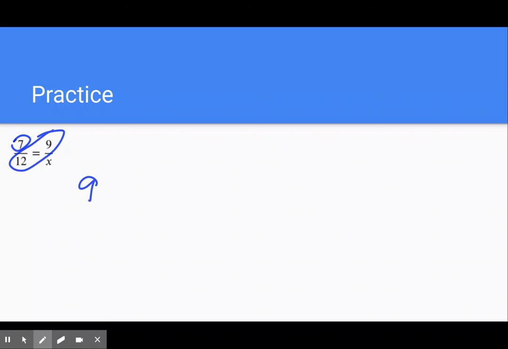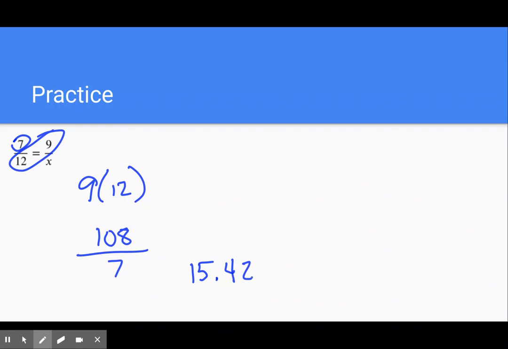Next thing, 9 times 12. 9 times 12 is going to give you 108. And 108 divided by 7 is going to give you 15.428.